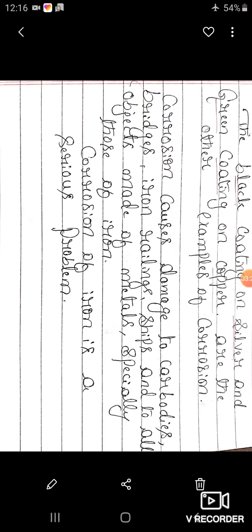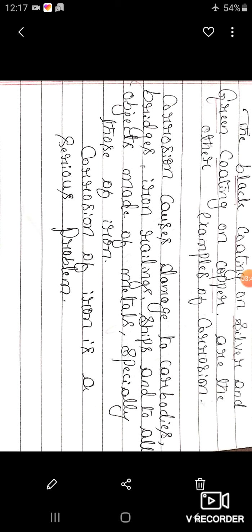When you see silver metals, a black coating is formed on the surface of the silver. This black coating on silver is corrosion. And the green coating on copper is also an example of corrosion.